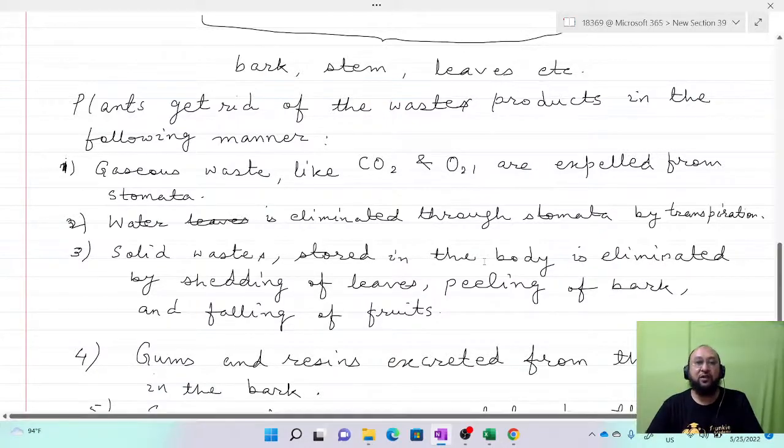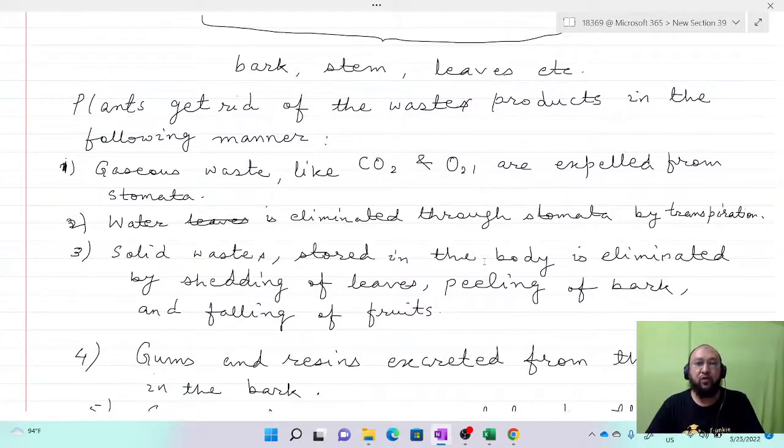They are eliminated by shedding of leaves, peeling of bark, and falling of fruits. Some of the metabolic wastes are stored in the leaves temporarily, and the leaves fall off from the plant body, and new leaves develop later on. So shedding of leaves is also part of excretion.